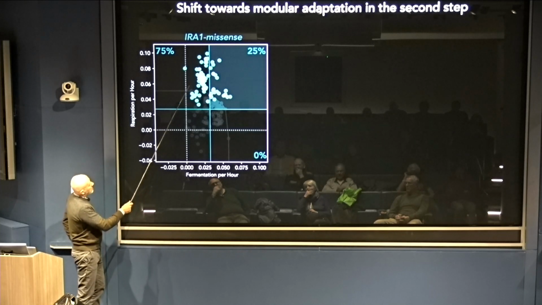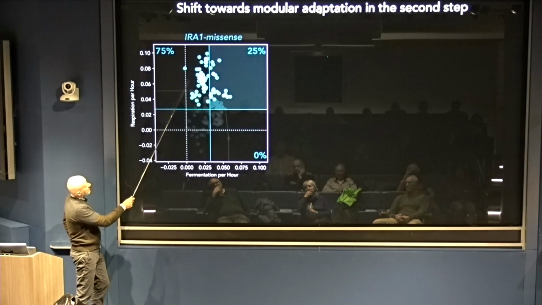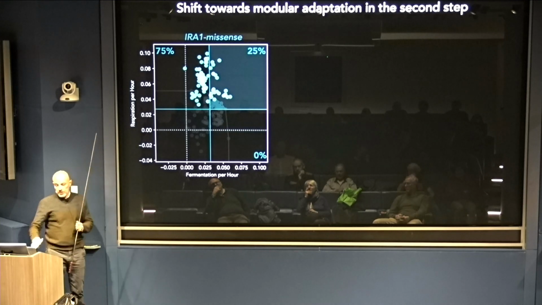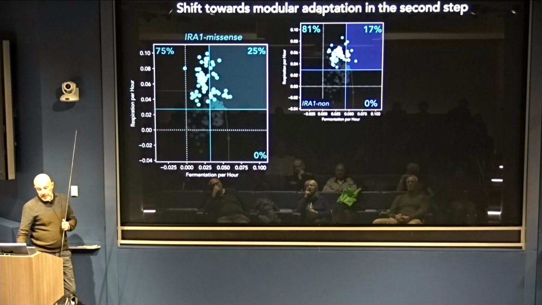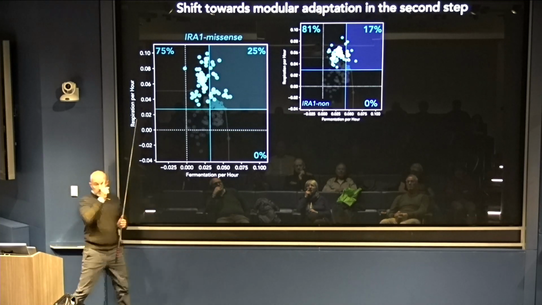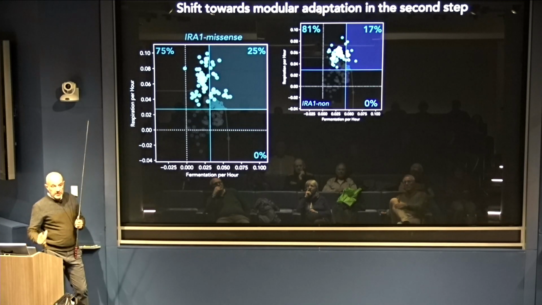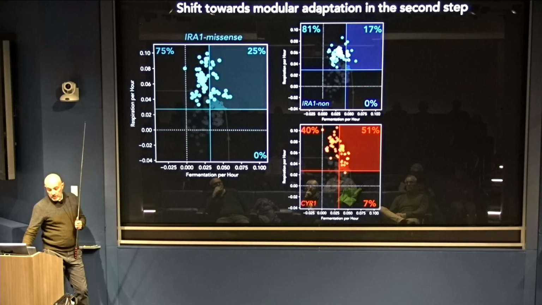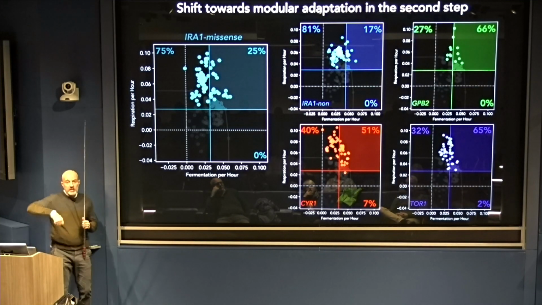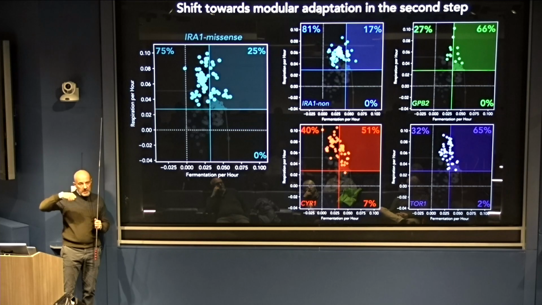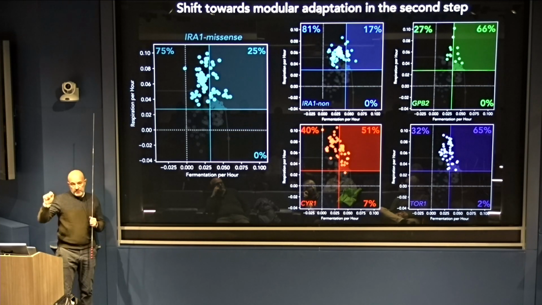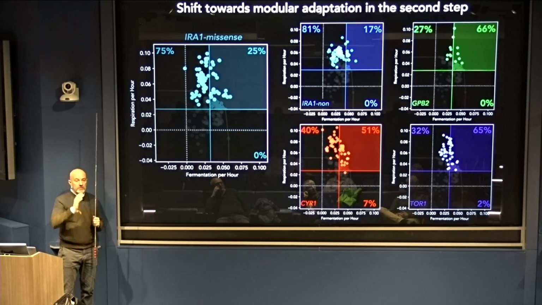In fact, the majority of them improved respiration but hurt fermentation a little bit, right? So it changed drastically. If we look at another one, IRA1 nonsense, it was even stronger. They went up, right? But not diagonally. The next one, and the next one. In every case, at least in these five examples, you no longer go 45 degrees. You are going straight up.